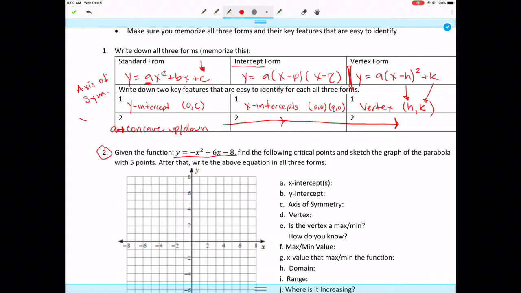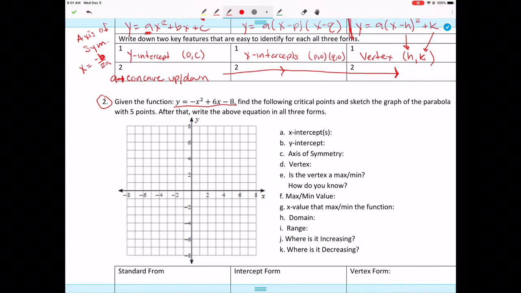That will always be x equals negative b over 2a. If we can memorize that, and this really is when you have standard form, because standard form is the only one that's going to have a b value. So here we have a equals negative 1, b equals 6, and c equals negative 8.